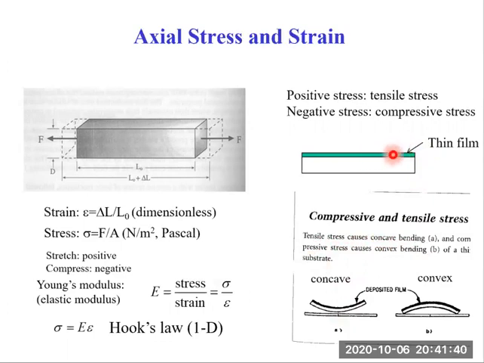If the thin film shrinks, it will cause this concave bending of the substrate. On the other hand, if this thin film has compressive stress, it may cause this convex bending. So this is tensile stress and compressive stress.